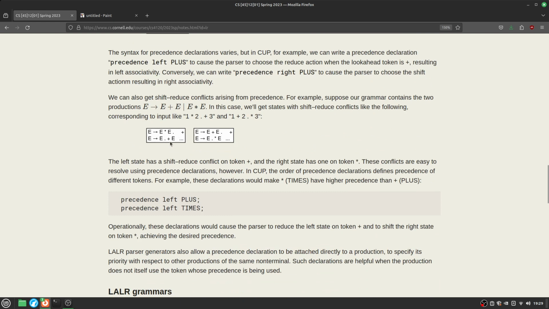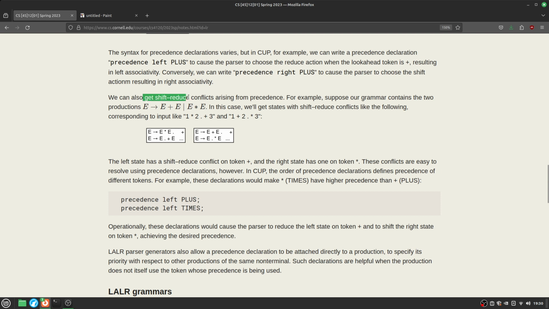I guess this is a shift-reduce conflict because you don't know whether to shift or to reduce. So in this case, in the top case, you would want to reduce. Then here you would want to shift.